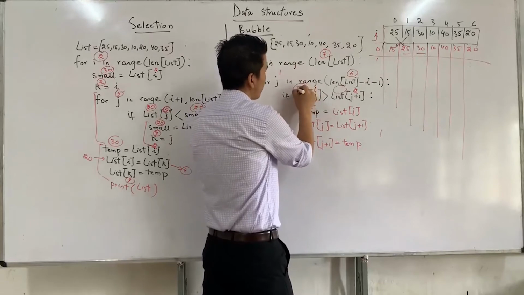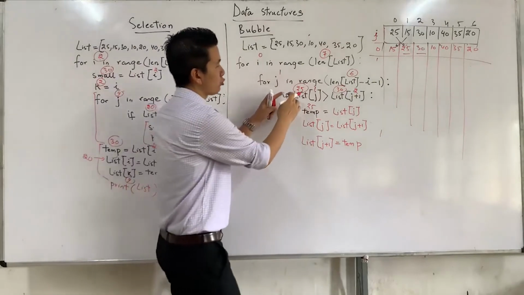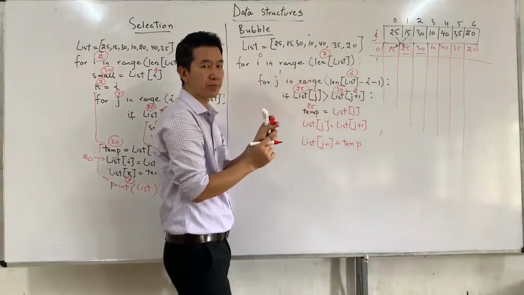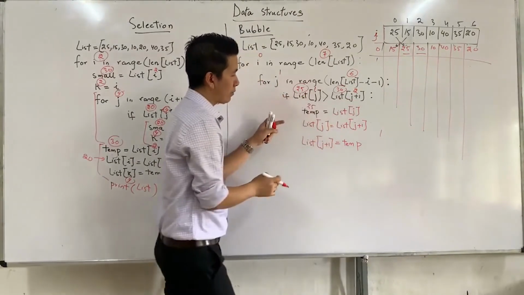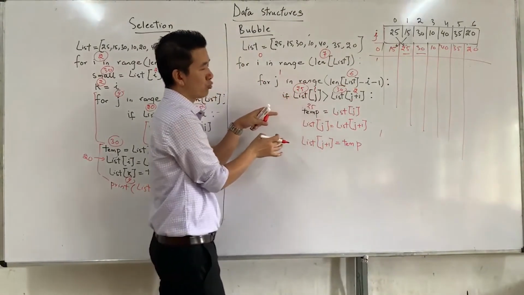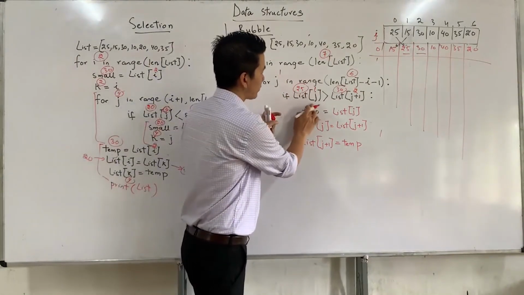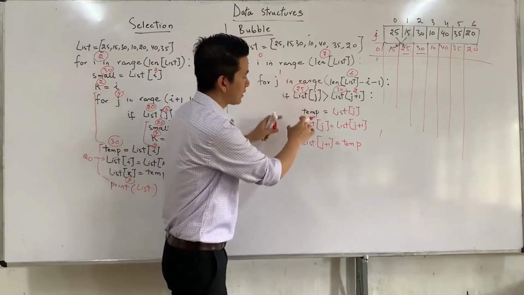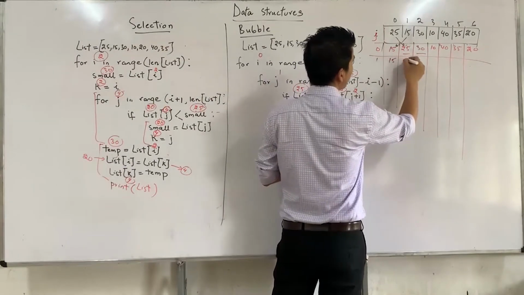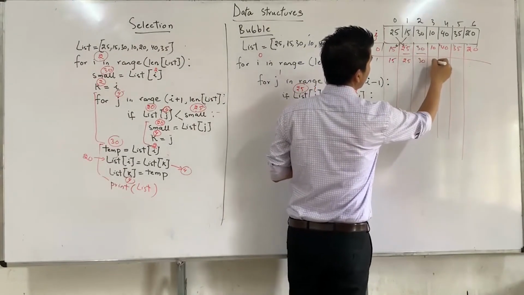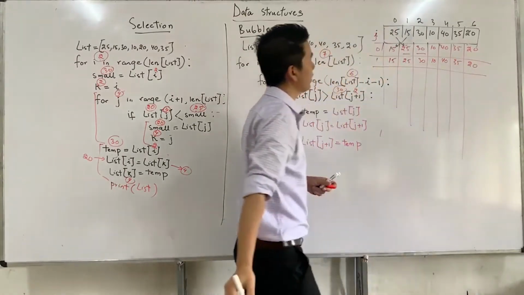You have 25 being compared with 30. Is 25 greater than 30? The condition is false. If the condition is false, all three statements which represent the interchange will be skipped. So at the end of the second inner cycle, it will still be 15, 25, 30, 10, 40, 35, and then 20.